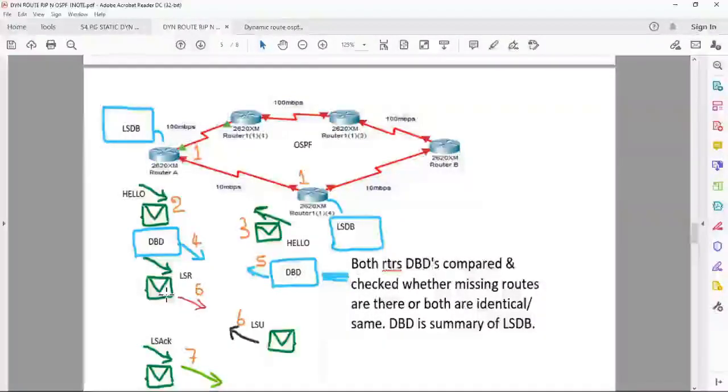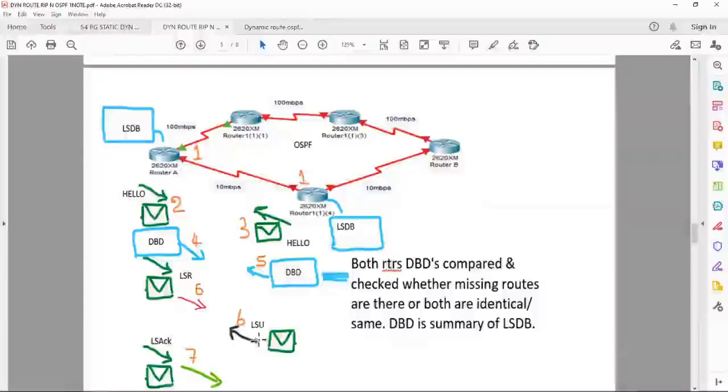Please send it to me. Likewise, think like that. Now that particular packet has been received by router 2. So router 2 will include that particular network's route, and if many networks were requested, it will include each and every network route in one LSU packet, link state update packet, and send it to router 1.